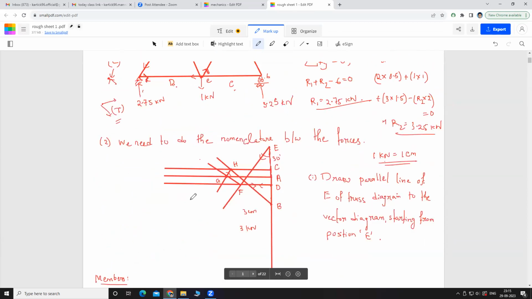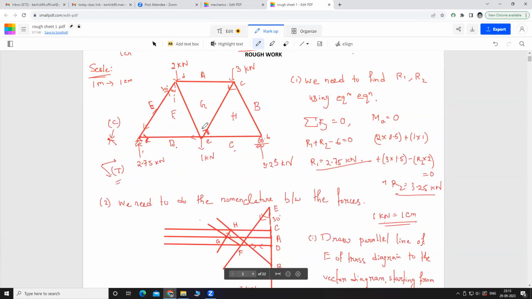Was this one clear? That line, that direction, only on the right hand side. First, we have to check from G to H which arrow, and on the right hand side we have to put that same arrow. That arrow you have to put on the right hand side only.